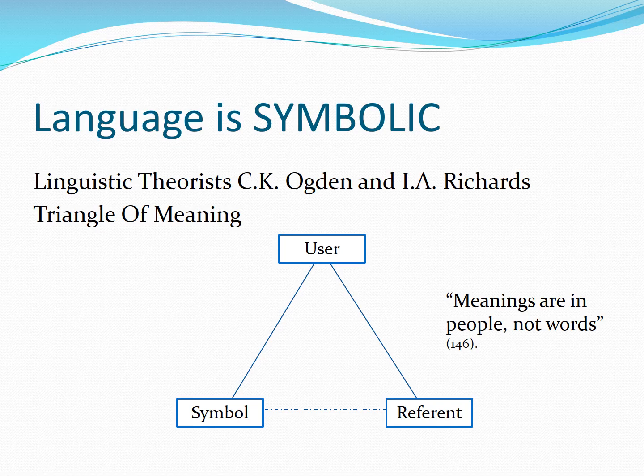So some references are abstract, like love, and others aren't even nouns. It could be, I feel angry or I am excited, and the referent would be that feeling or emotion that the word or the symbol is trying to make sense of.